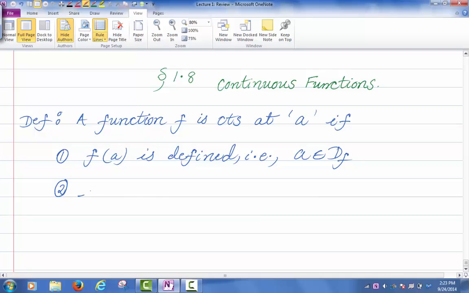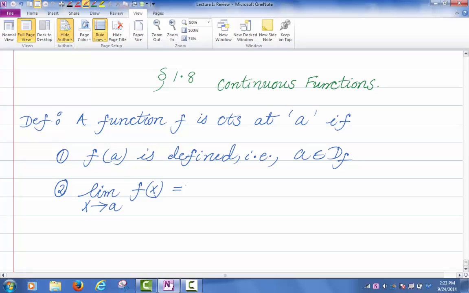And 2, if I look at the limit as x goes to a of f of x, remember, the limit of a function at a number a is not necessarily the same as the value of f at a, right? Remember, the function may not even be defined at a, still it might have a limit at a.